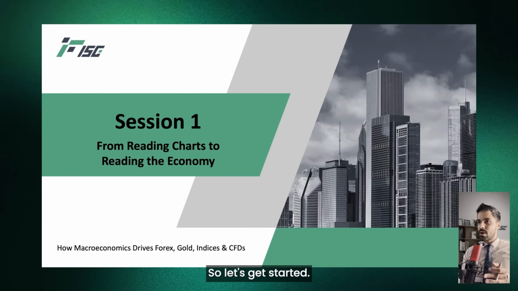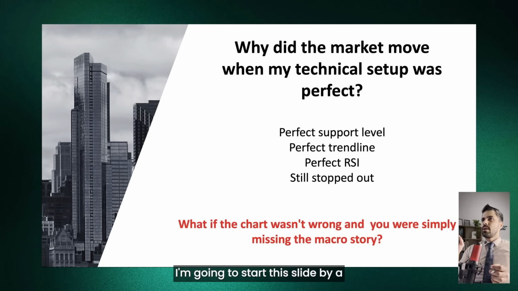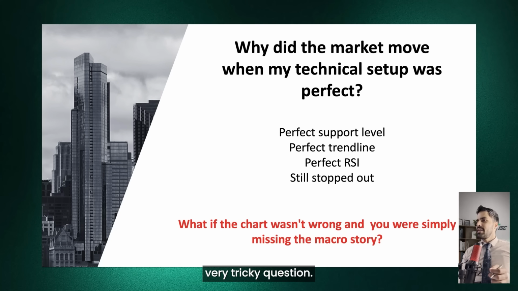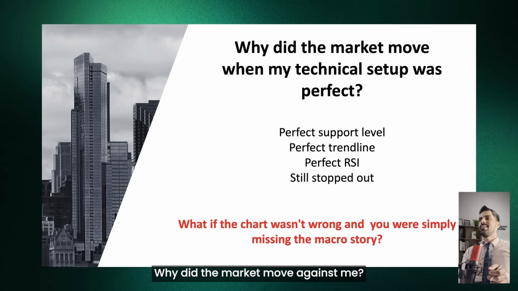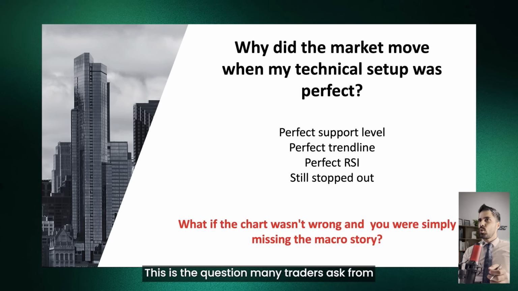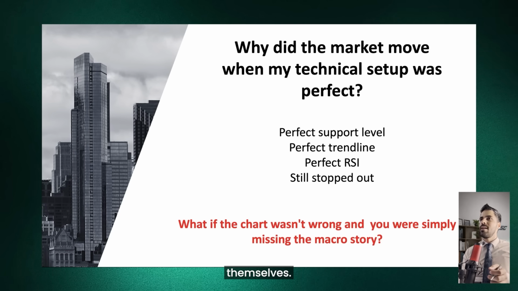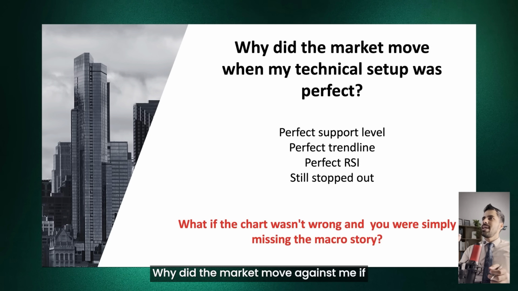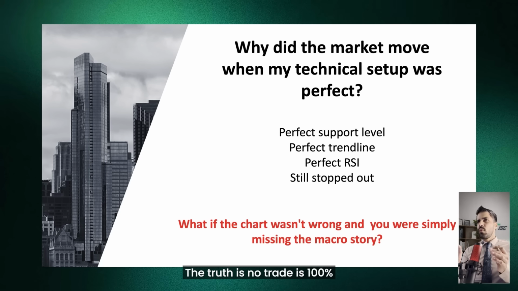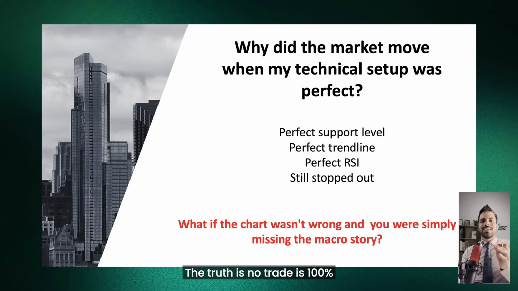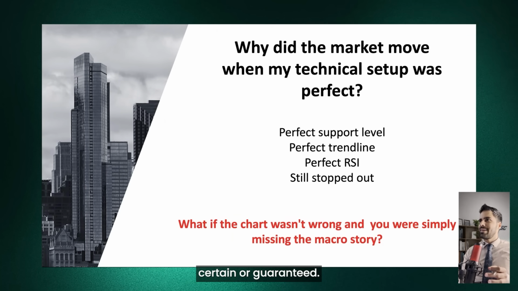So let's get started. I'm going to start this slide with a very tricky question. Why did the market move against me? This is the question many traders ask themselves. Why did the market move against me if my setup was perfect? The truth is, no trade is 100% certain or guaranteed.